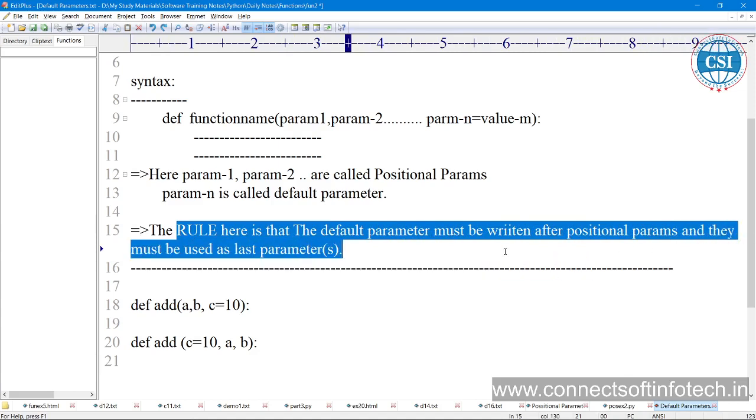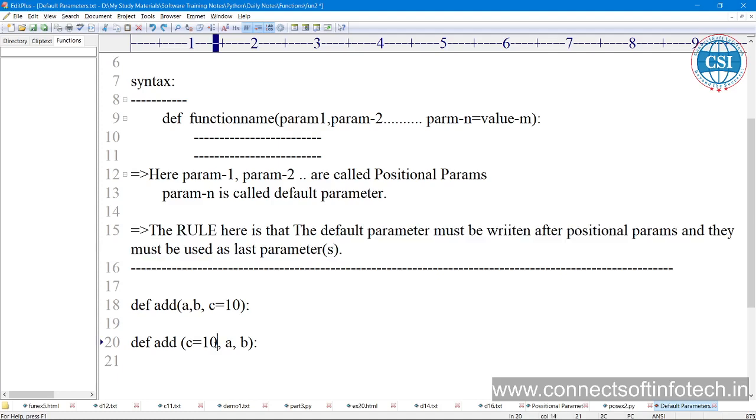Always, this is a Python compiler rule. We can't use it here because the function call cannot understand it. The function call reads the data from the left side, so if you write it like this, the compiler cannot understand it. That is why the default parameter must be written on the last side.